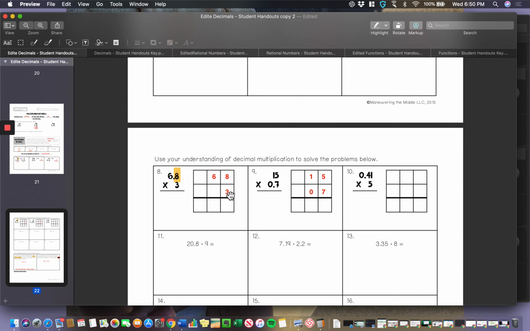I have 3 times 8, which is 24. I'm going to carry the 2 over the tens place because it was a 20. And I'm going to be adding it to the existing 60 that's there. I know it says 6, but really that's 60. So then I have 3 times 6, which is 18 plus 2, so that is 20.